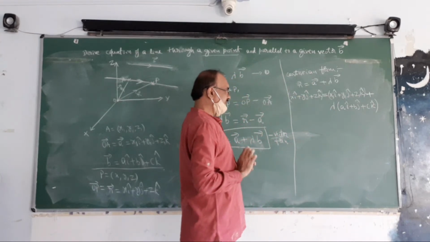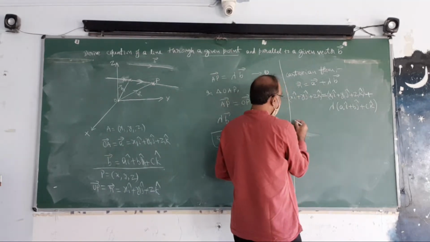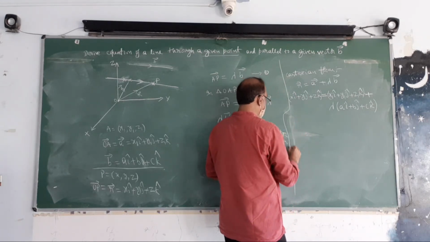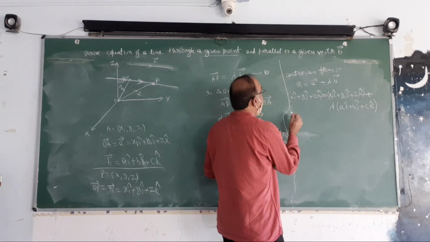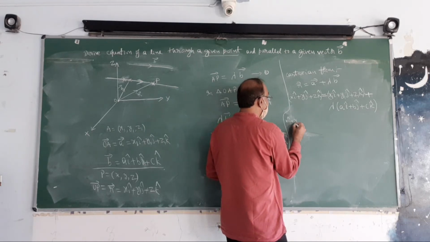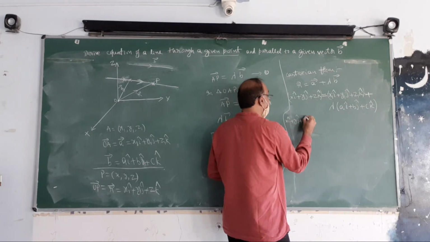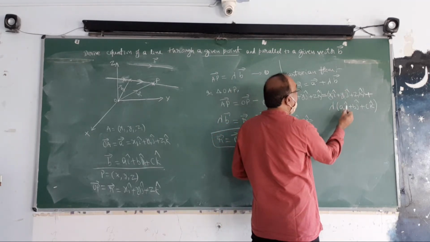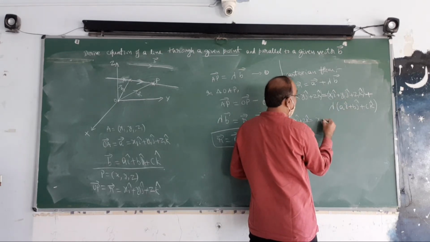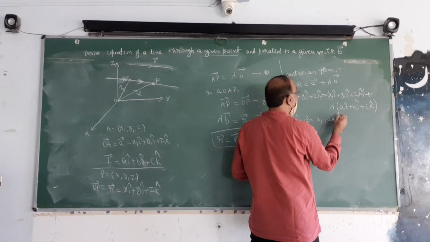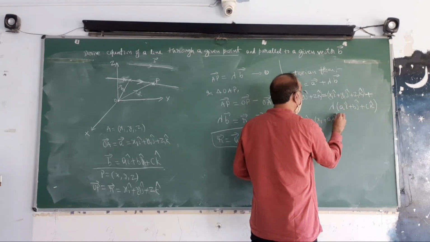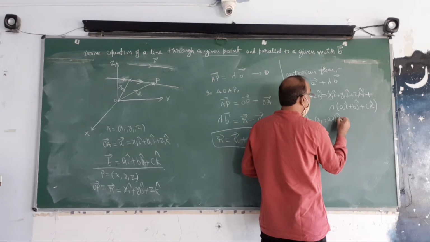Now you see, next step. Let me get more space so that I can write in one line. So I will write xi plus yj plus zk equals. Here I can take common between these two things: x1 plus a times lambda for i. Are you understanding this step?